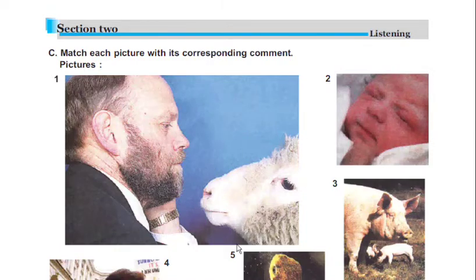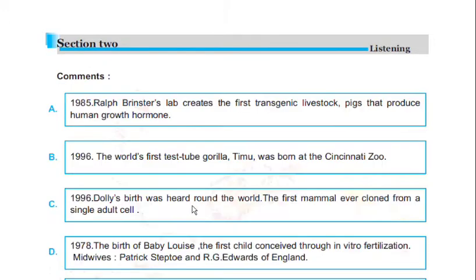Sheep is a word that is singular and plural, that animal in here, in front of a human who might be the person who cloned Dolly the sheep. And that can be found in C.